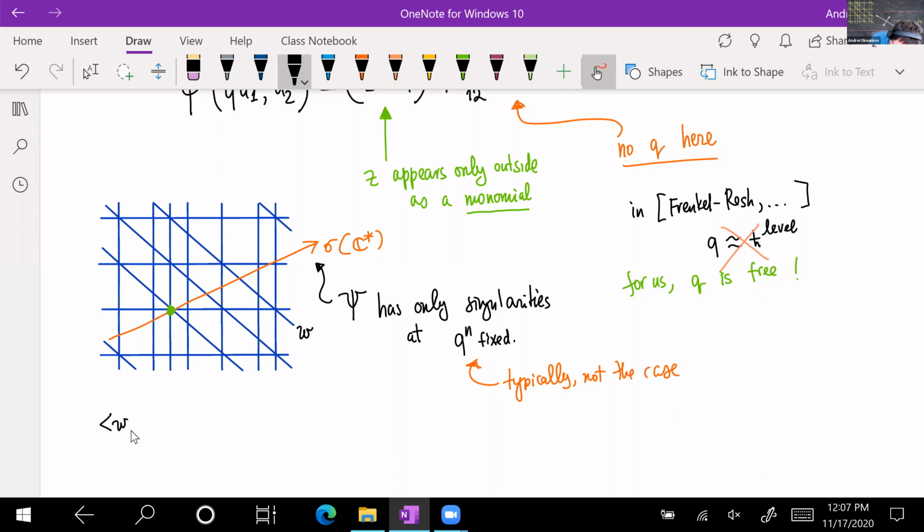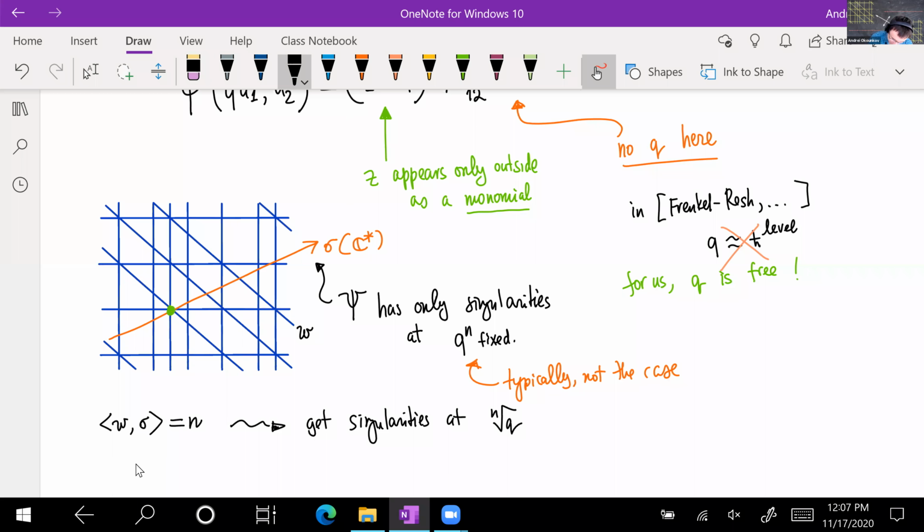If W pairs with my sigma to some number n, then I get singularities at all n-th roots of Q. What does it mean?